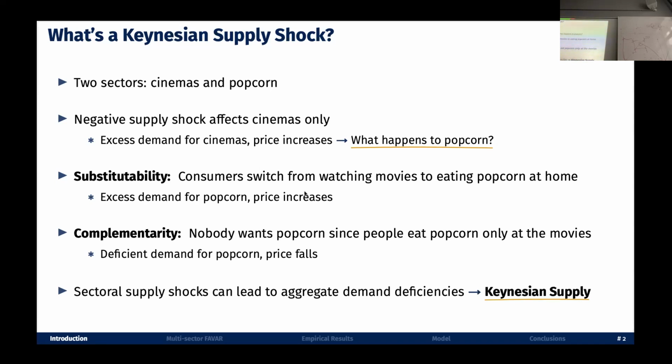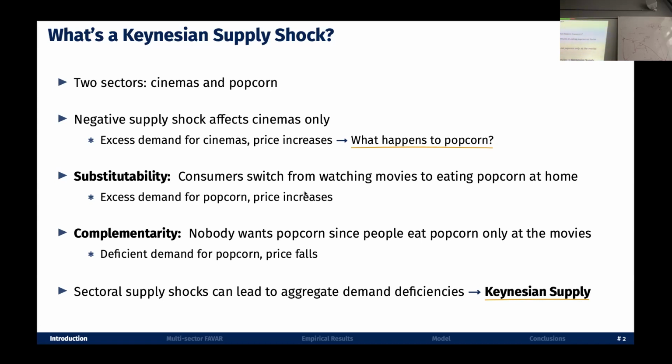Then you have a full production network with an input-output matrix. And as long as you allow for complementarity in the inputs that I get from you, then the price increase in the input you produce is going to reduce my demand for all of your inputs, exactly for the same intuition. Okay, so it's a general statement I'm making about complementarity.